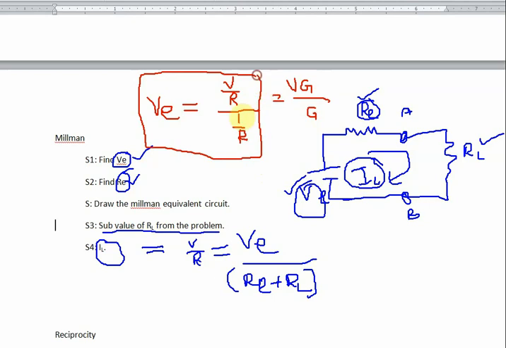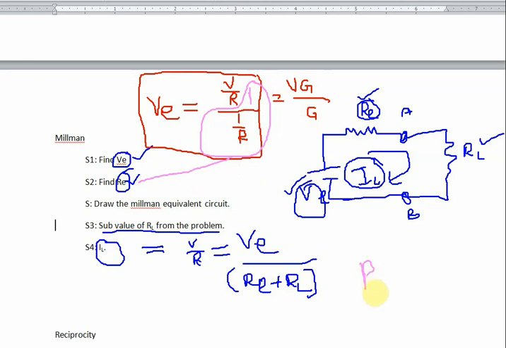Then the second one, how to find RE. From the given problem, the numerator is 1, divided by the denominator. That is called RE.